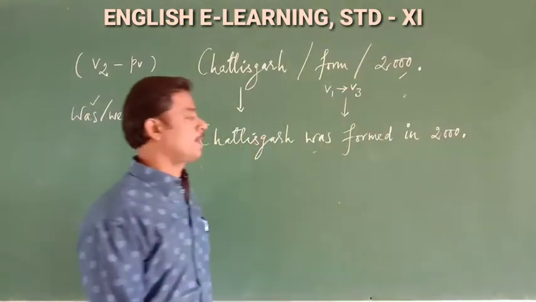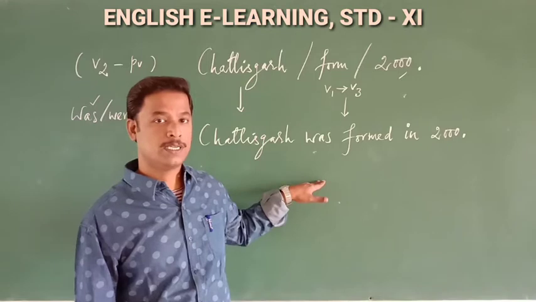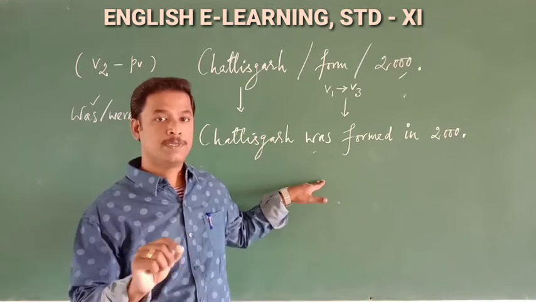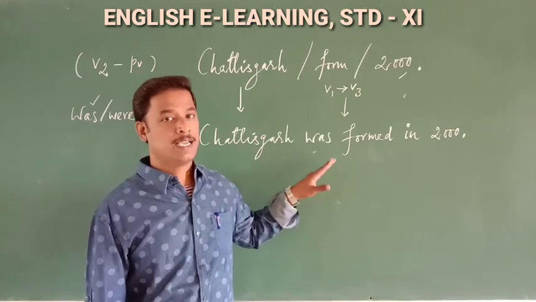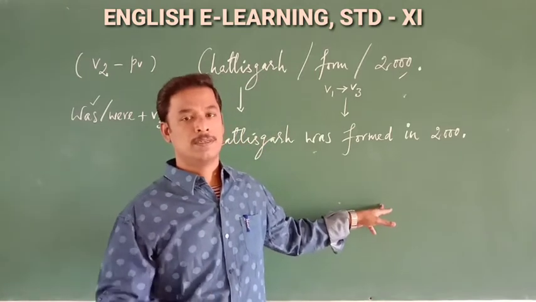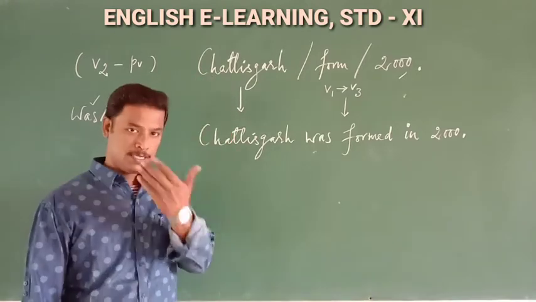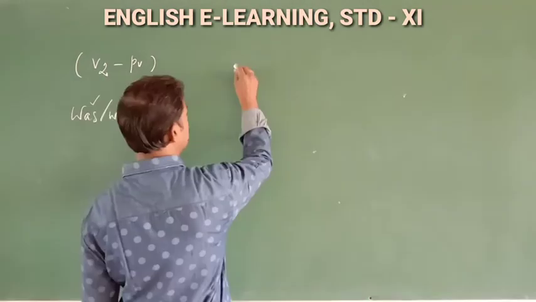Okay, there is no agent here. Then this kind of passive voice is called impersonal passive voice. If the agent is given clearly here, that will be called personal passive voice. Okay, right. Let me take you to the next example now.